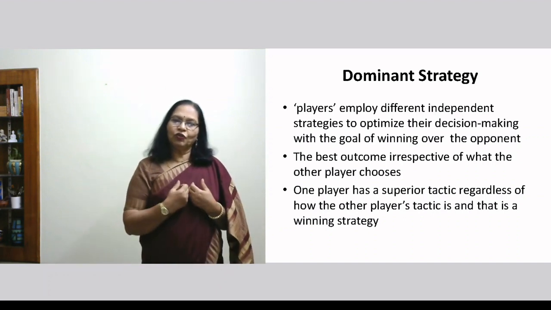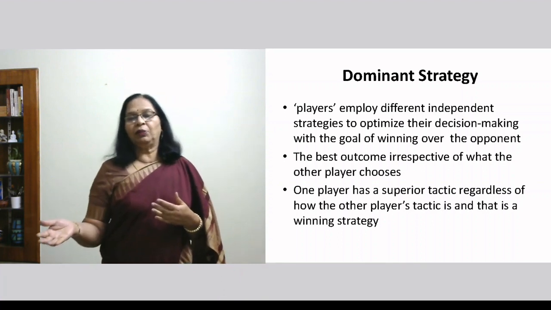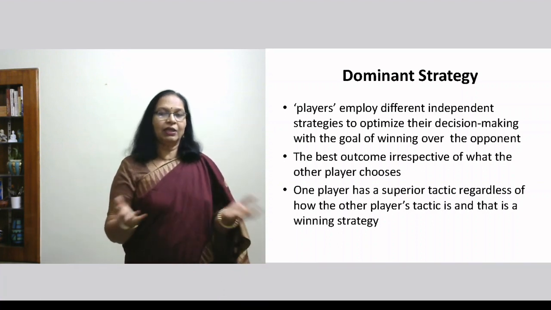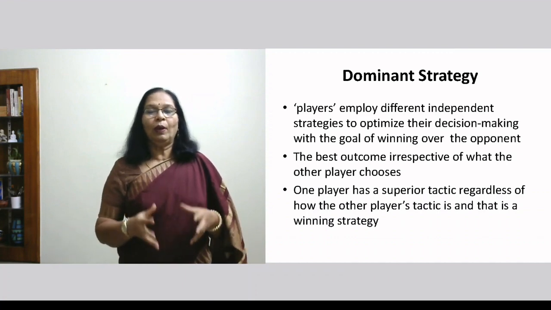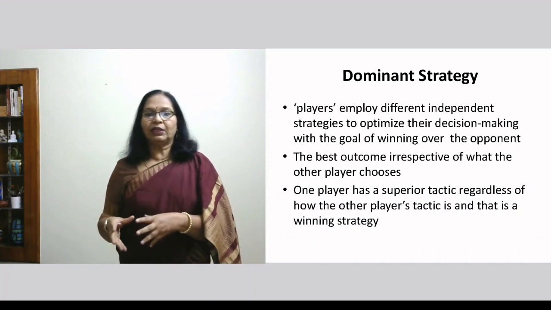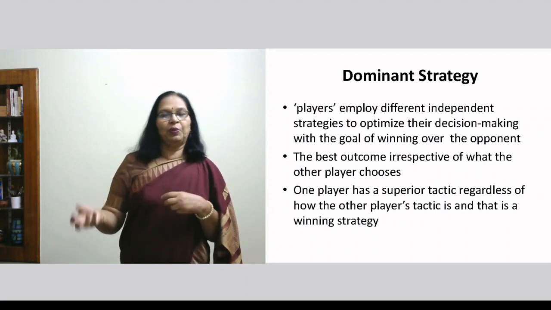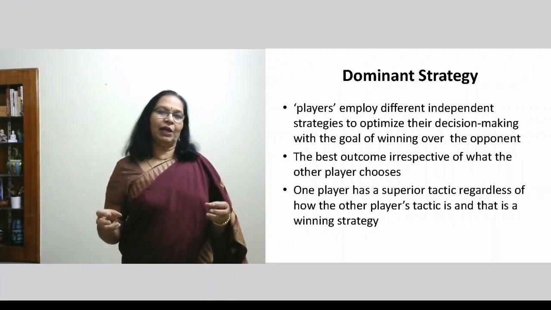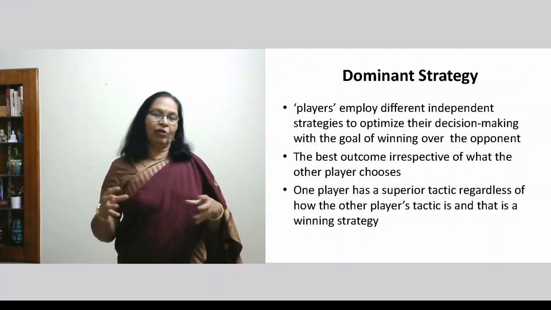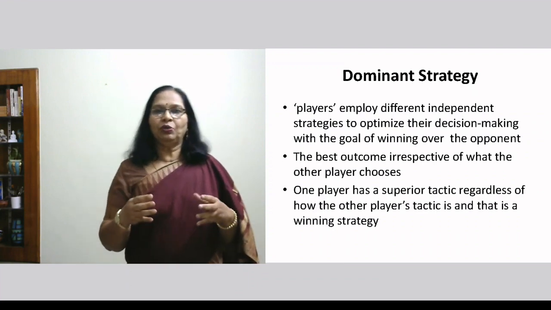So what I choose for this game is the best I can choose irrespective of what the other person could. This is based on my understanding about how the situation would be like. One player seems to have a superior tactic regardless of how the other plays. So each one is supposed to be superior to the other in some sense, and each one will try and plan out or theorize a strategic situation where they would be able to take a decision.